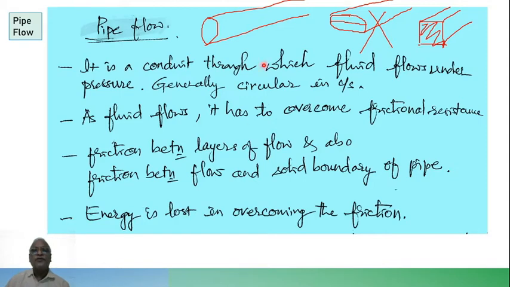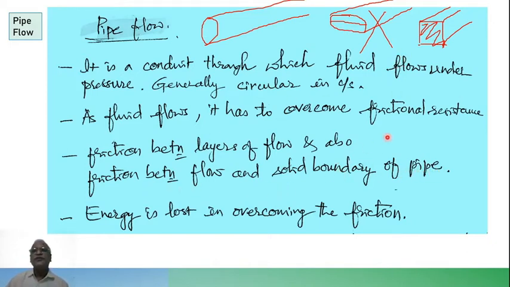Between the layers there is friction which is viscous, liquid friction, and the friction between the solid surface along the periphery and the fluid is also viscous friction, but it is a boundary friction. This is a layer friction. Both frictions have to be overcome by the flow.